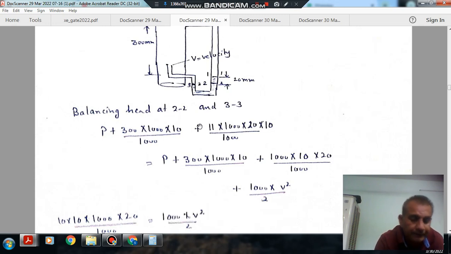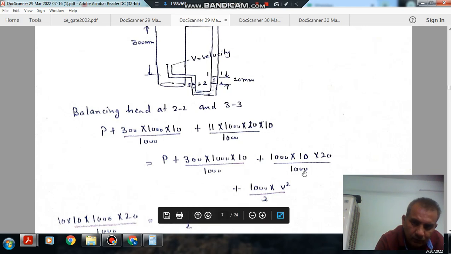And the pressure due to the fluid between 1 and 3. The fluid is water, having density 1000. So this pressure is 1000 into 10 into 20 by 1000. So this is the total pressure in the left limb.